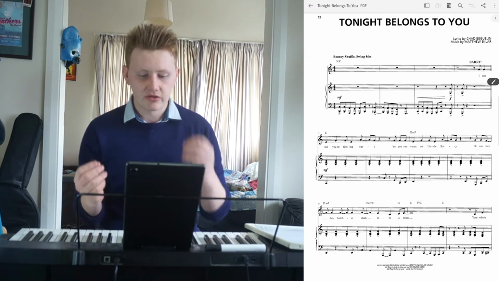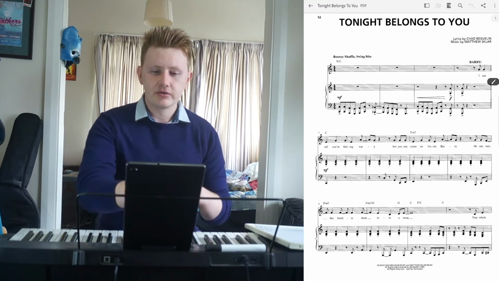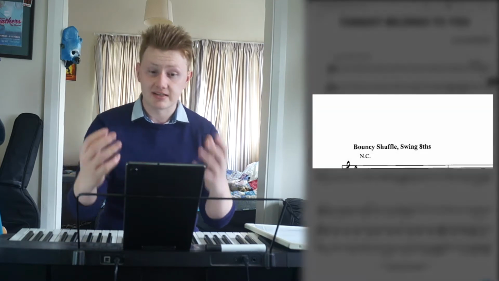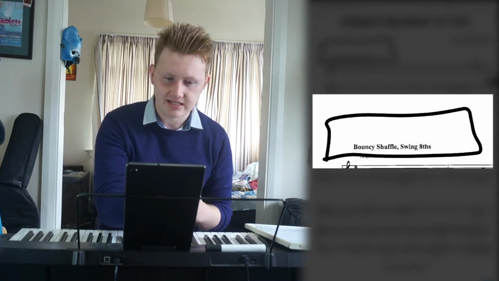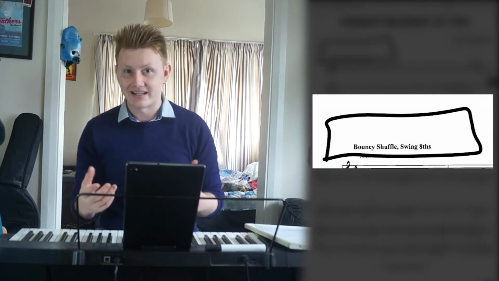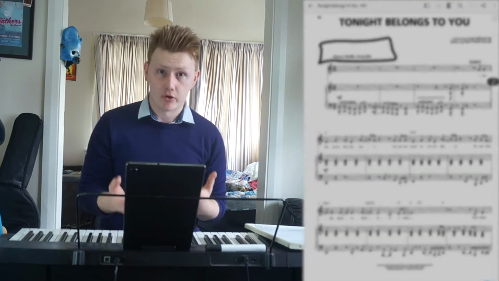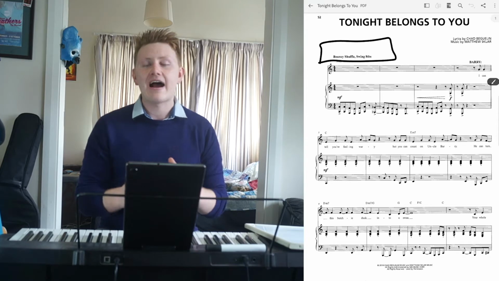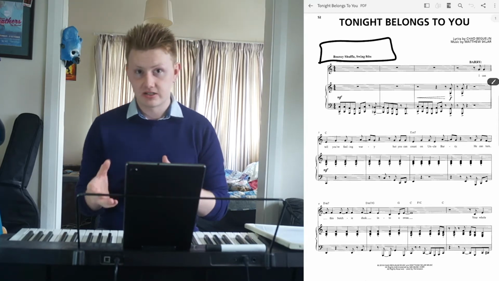Next thing you might notice on this page is the little text that comes just above where the music starts. You can see here it says bouncy shuffle swing eighths. That is the tempo marking. The tempo marking is used to show how fast the music goes.